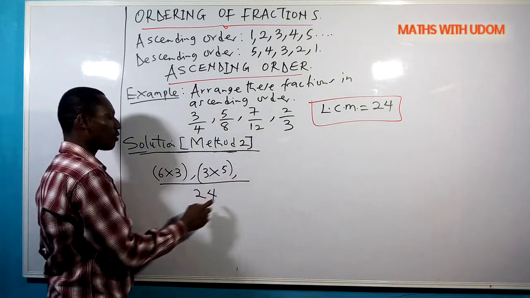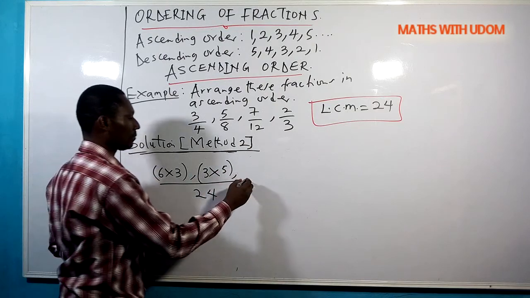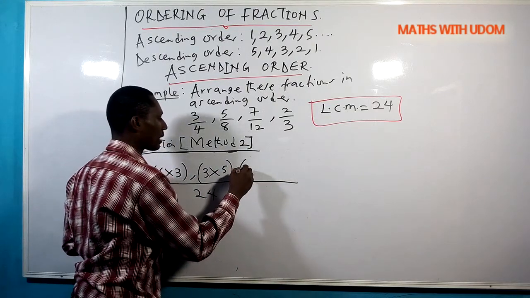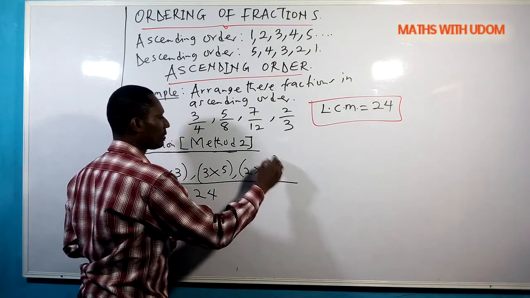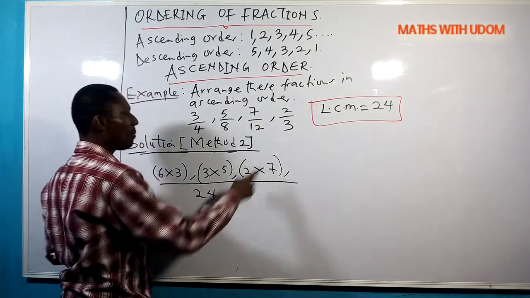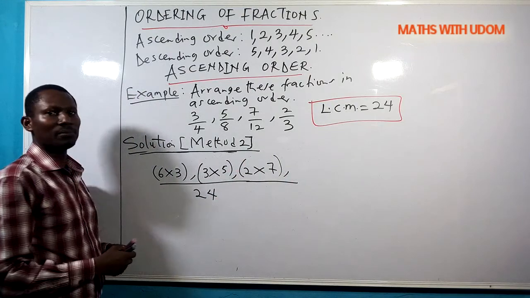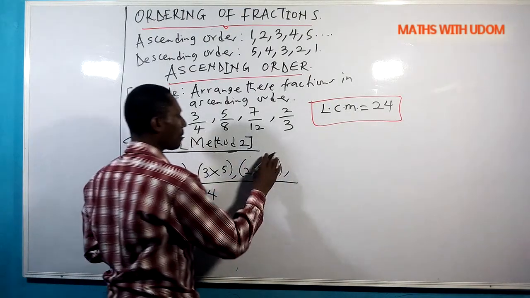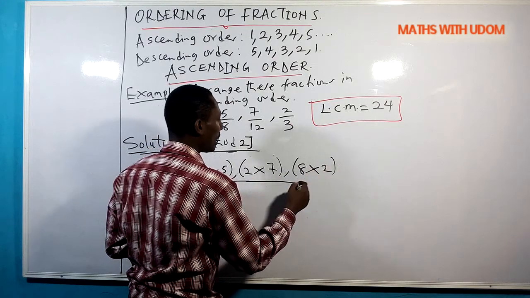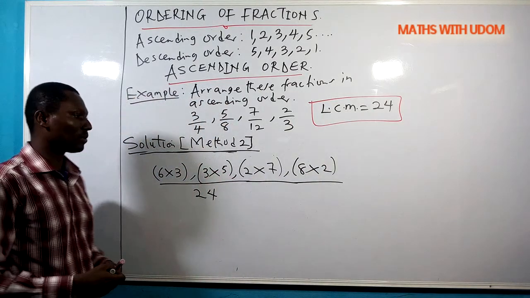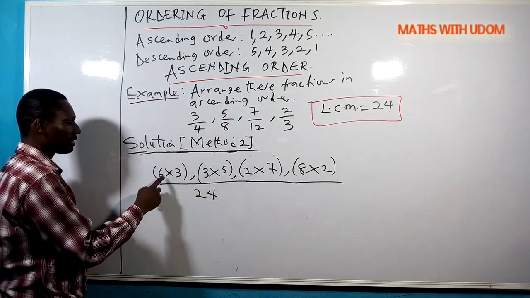How many 12 can go in 24? 2. Open bracket, 2 multiplied by your numerator what? 7. Comma again. And how many 3 can go in 24? 8. So open another bracket, 8 multiply what? The 2 as your numerator. So what do you do with this? 6 times 3.